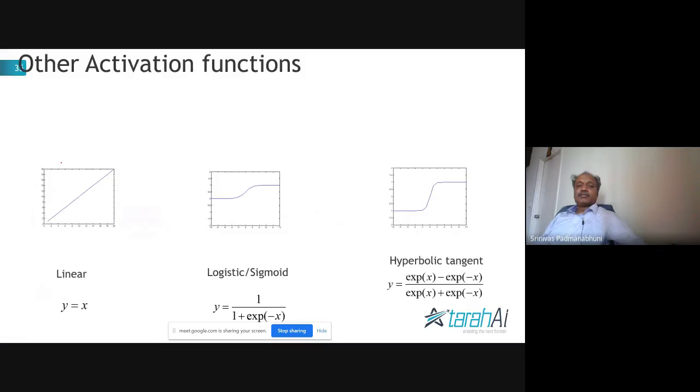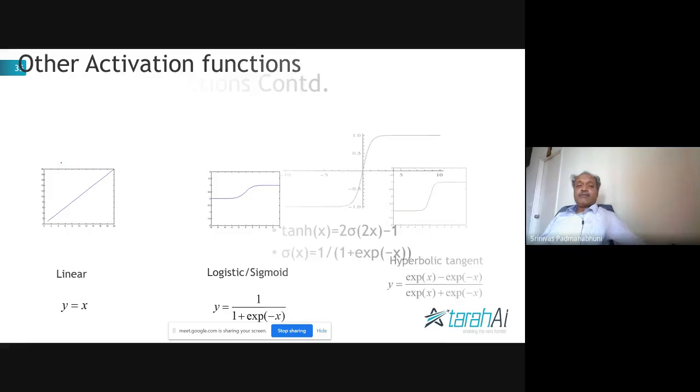Similarly, you can have other activation functions like tanh, the hyperbolic tangent. For less than 0, it is minus 1. For above 0 of x, it's mostly 1. So it again is a sharp transition between minus 1 and 1. So it's an extension of the logistic or sigmoid activation function.